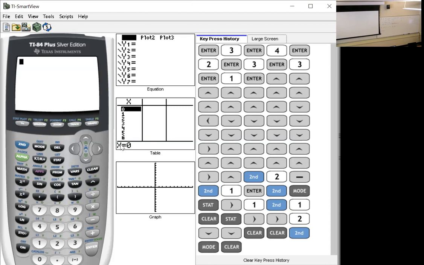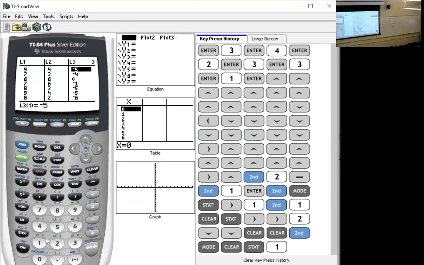If either of those happen, it simply means you did something wrong. So I entered all 10 participants' information in my table. List 1 is before, list 2 after, and list 3 after minus before. So all the differences are in the third list.